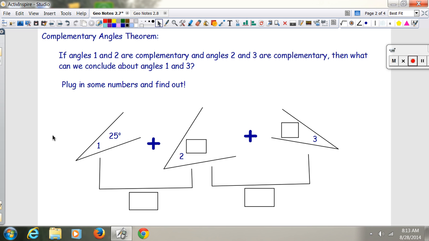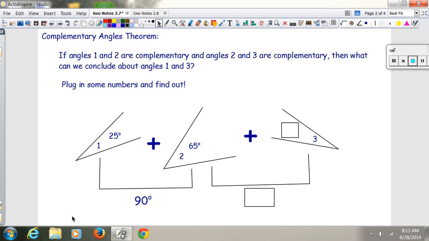Do we know any of the other two angles now? Well, we know that 1 and 2 are complementary, which means they have to equal 90. So if this one is 25, what does 2 have to be? It has to be 65, no doubt, because we know that 25 and 65 will give me my 90 degrees, right? They have to be complementary.